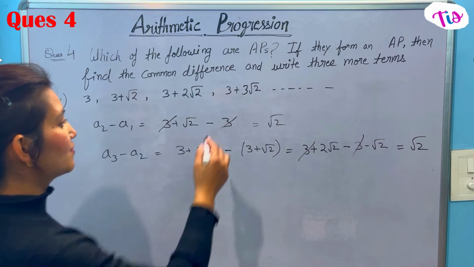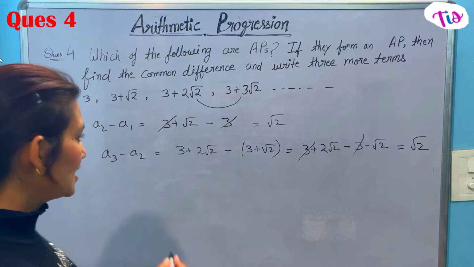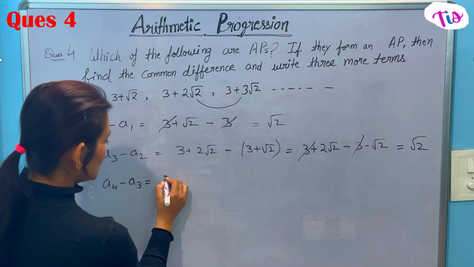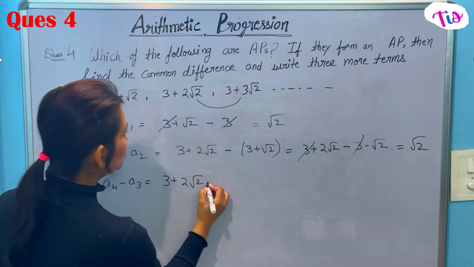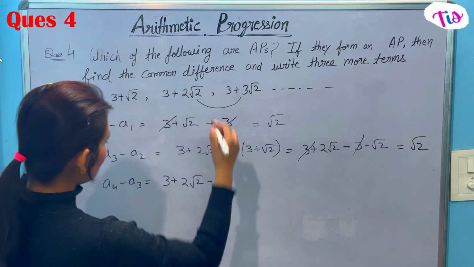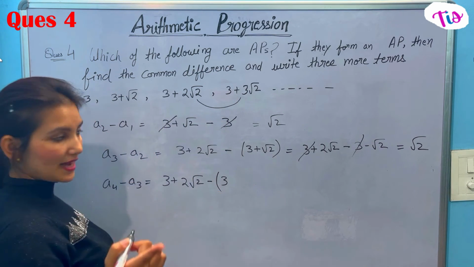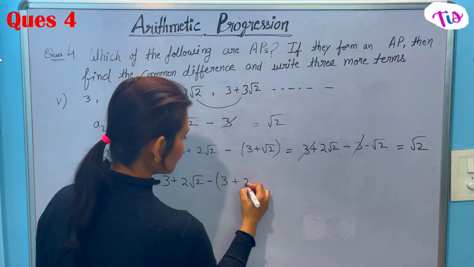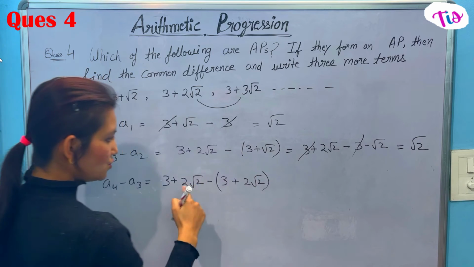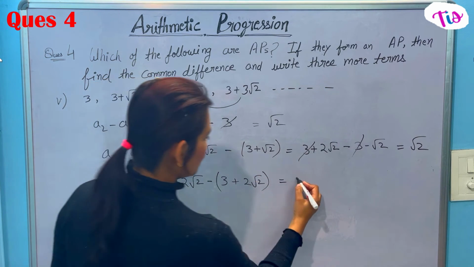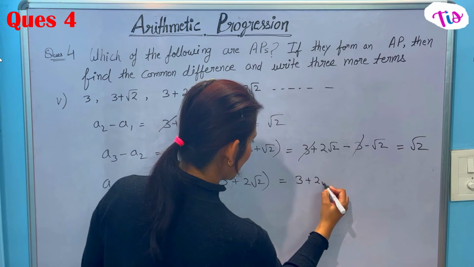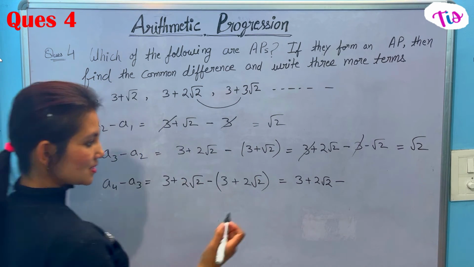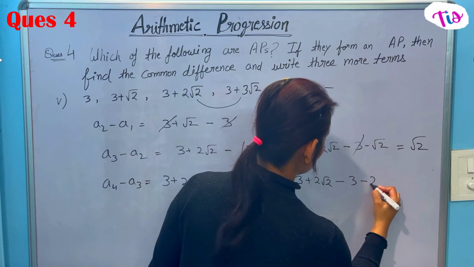Again we just need to check A4 minus A3. A4 is 3 plus 3 root 2 minus A3, which is 3 plus 2 root 2. Again we'll use a bracket because it involves two terms. Once you open the bracket, the sign inside the bracket will change, so plus will change into minus: 3 minus 2 root 2.